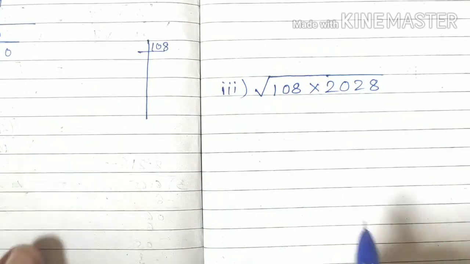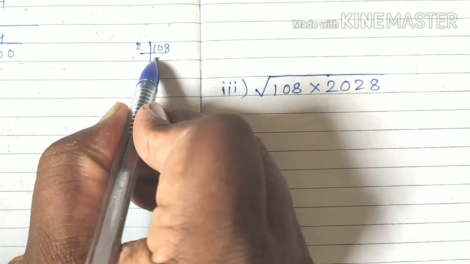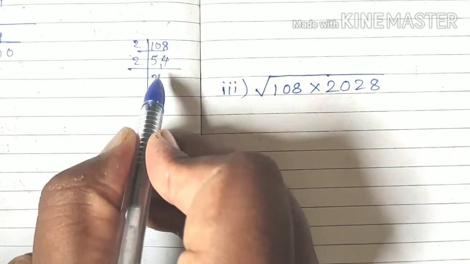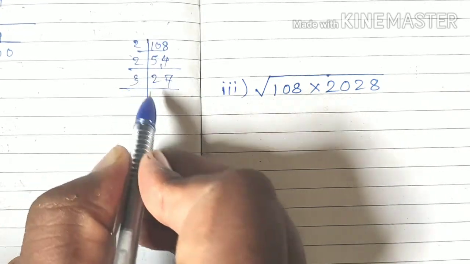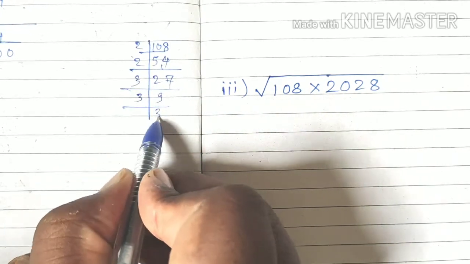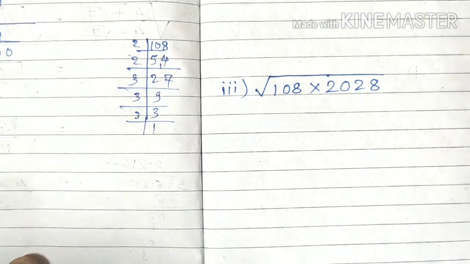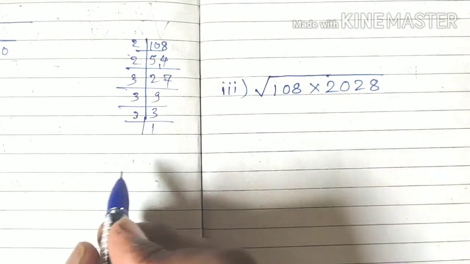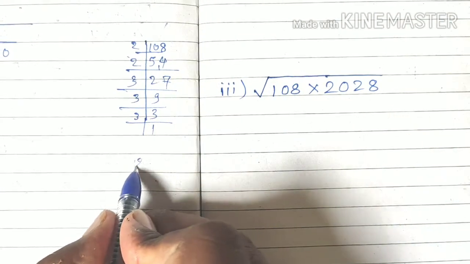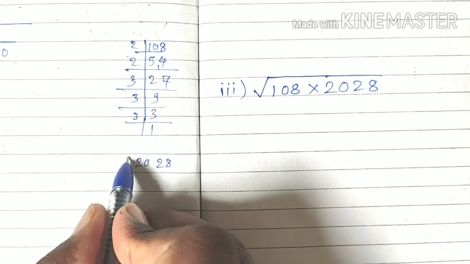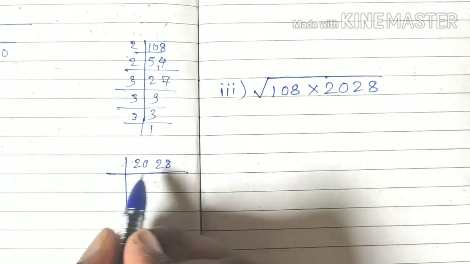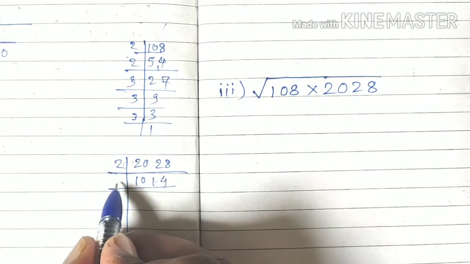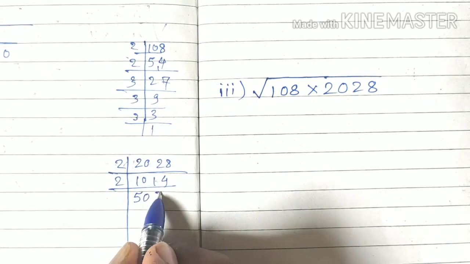108. What is it? 2 5s are, 2 4s are. Again 2 2s are 4, 2 7s are. 3 9s are, 3 3s are, and 3 1s are. Correct? These are the prime factors of 108. And similarly 2028, let us find the factors of 2028.